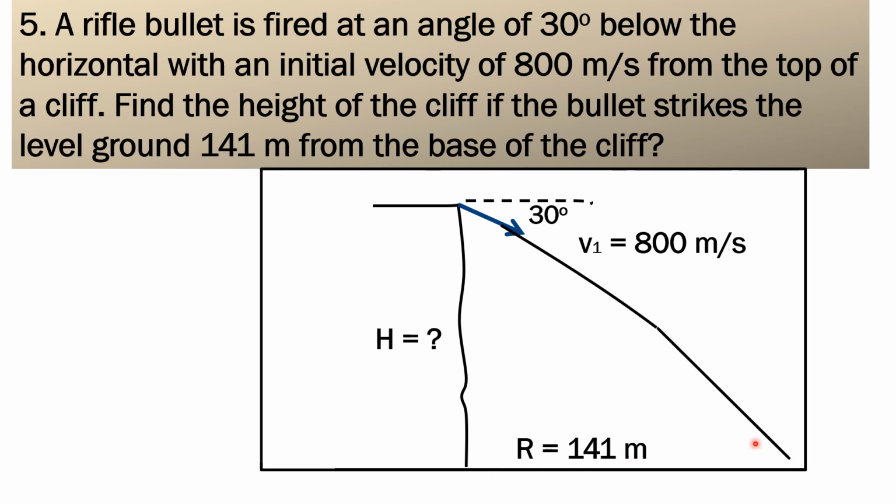Notice that nothing is mentioned about the velocity upon hitting the ground. Although we know the initial velocity, which is 800 meters per second, there's no mention about the final velocity. So what is the equation and what is the quantity that we have to first calculate? All right, so we will see.